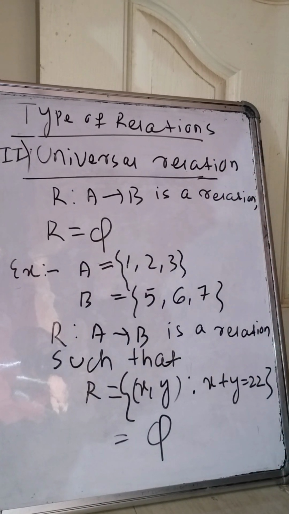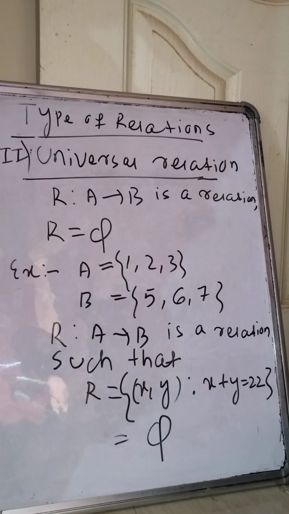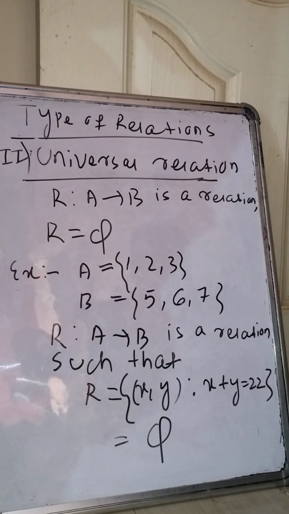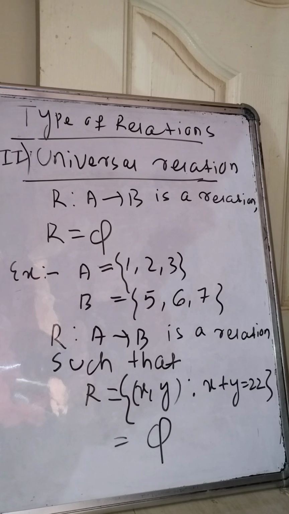So what is a universal relation? The second type is the universal relation. As the name suggests, a relation R from a set A to set B is called a universal relation if each element of set A is related to every element of set B.